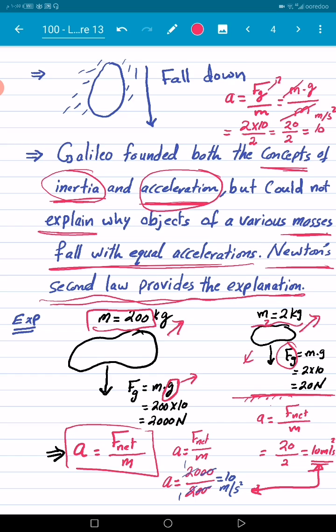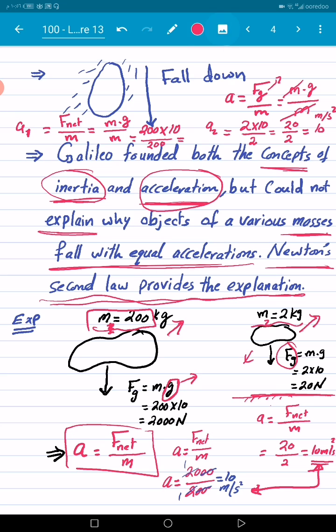For example, m2. That is the acceleration for m2. Acceleration a1 is equal to F net divided by the mass. F net is equal to what? mg divided by m, equal to m 200 multiplied by the acceleration 10, divided by 200 m.